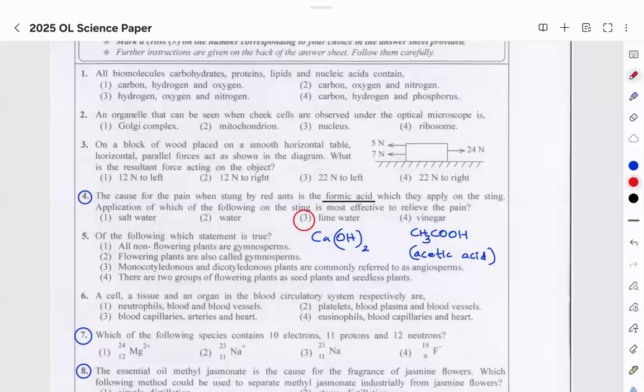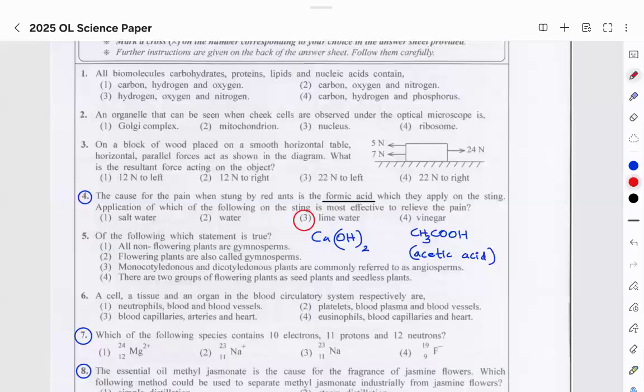Right. Okay. No, there is no connection between lemon and lime here.